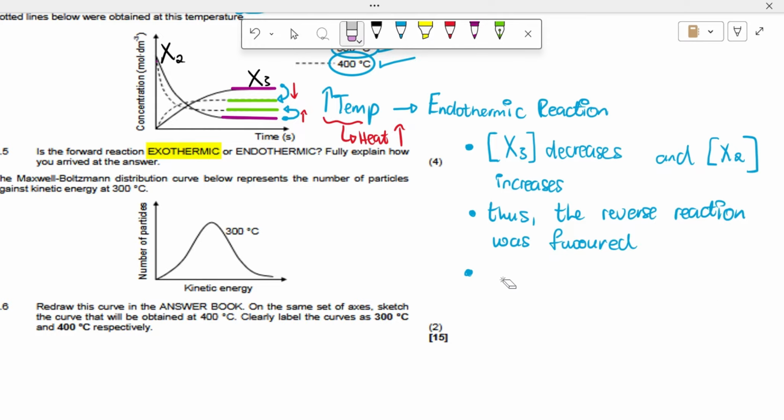Before we get to this point, remember we need to link. I want to integrate this point inside my answer. So I'm going to say thus the reverse reaction was favored, right?